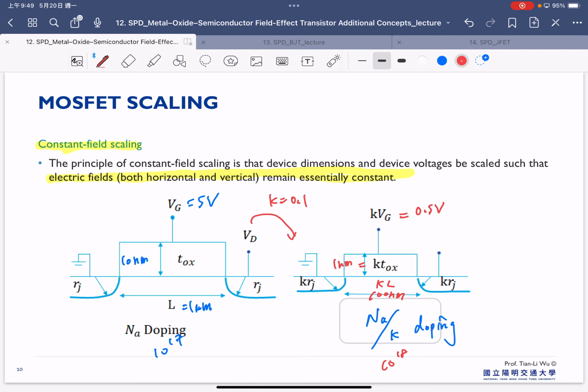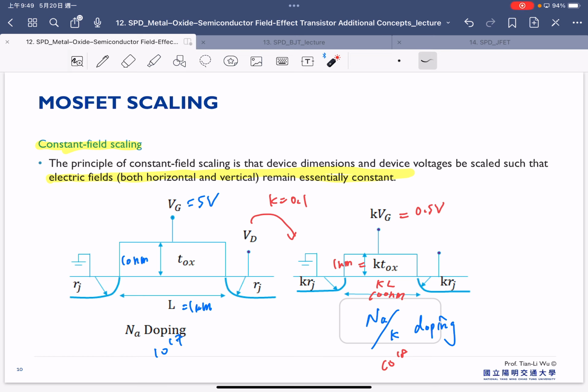But the reason that in the end we cannot follow the constant electric field scaling is because you can realize that the dielectric here almost reaches the limitation at 1 nanometer if we continue to do this kind of constant field.